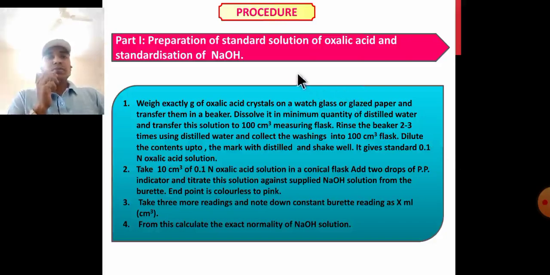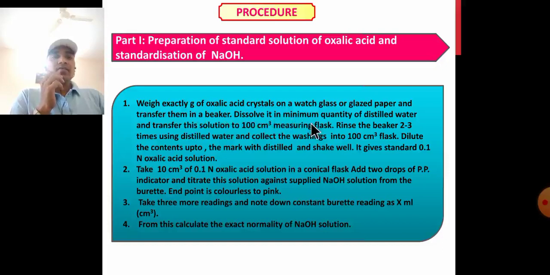Procedure: a two step procedure. First step, the preparation of a standard solution of oxalic acid and standardization of NaOH. Weigh exactly 0.63 g of oxalic acid crystals on a watch glass or glazed paper and transfer them to a clean 250 ml beaker.